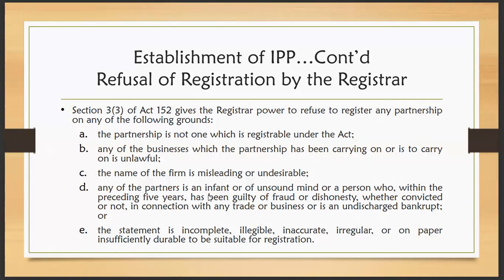Or if any of the partners is not qualified and comes within the list of unqualified persons, then the partnership will not be registered. Or if you don't do the paperwork well, so that it cannot be read, that can also be a ground for refusal.